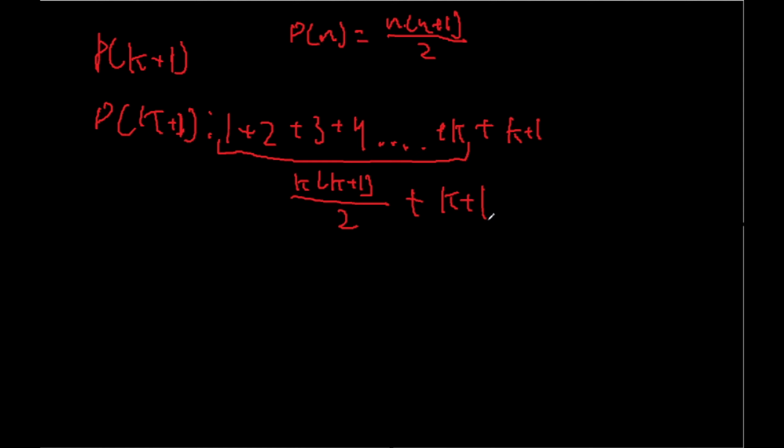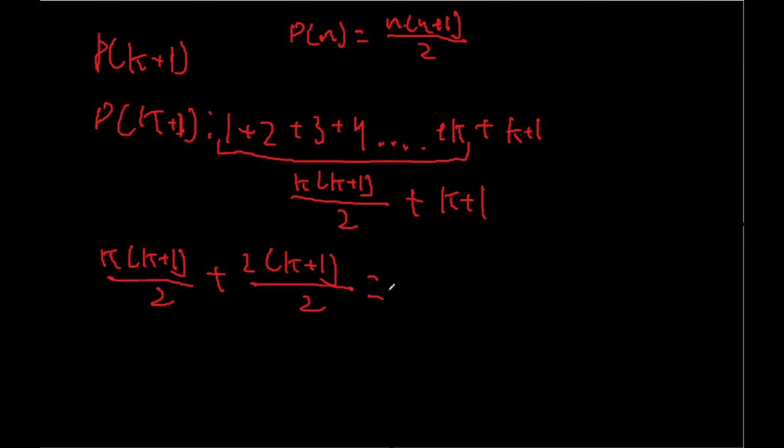And we want to combine the equation into one thing. So the way to do that is to multiply k plus 1 times 2 so we can get the same denominator. So we'll have k times k plus 1 divided by 2 plus 2 times k plus 1 divided by 2.